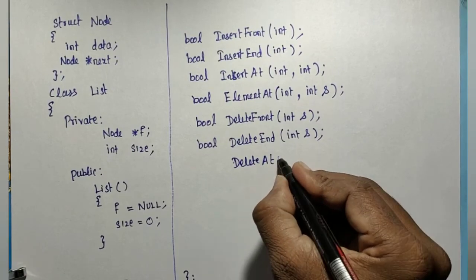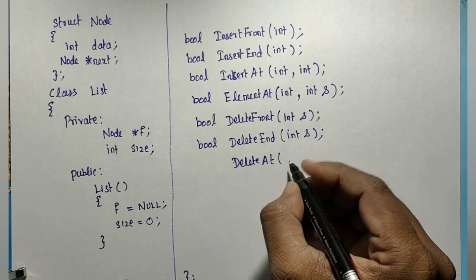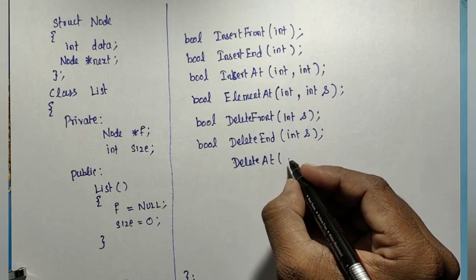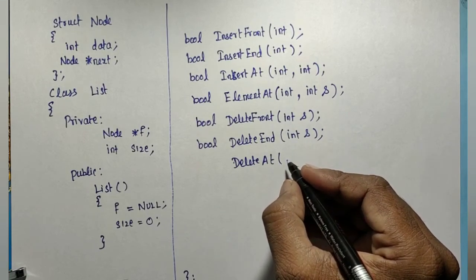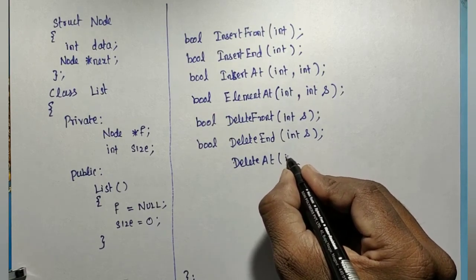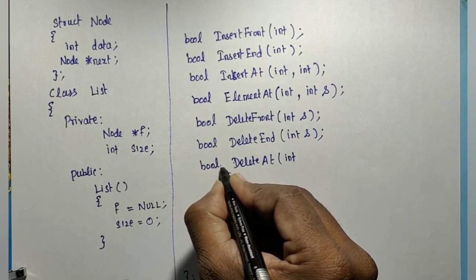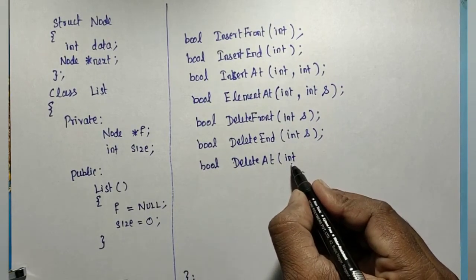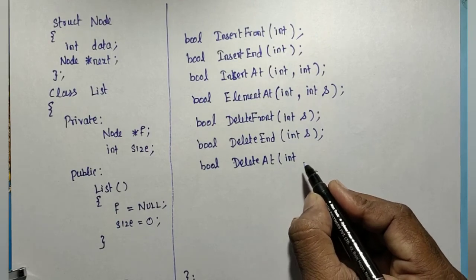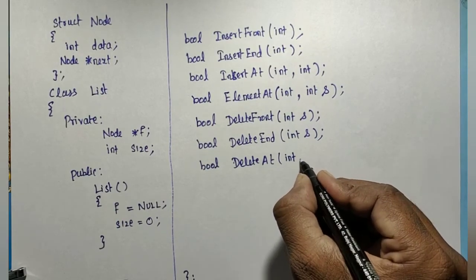Delete at means at a particular position. We have to pass the input as a position. The element in this position is going to be deleted. So I need to pass the input position and the return type is boolean, success or not. The element that was present in that position also has to be returned as an output, so which element got deleted.